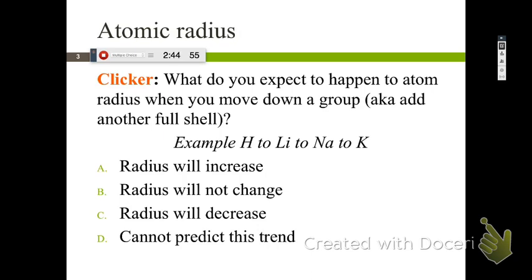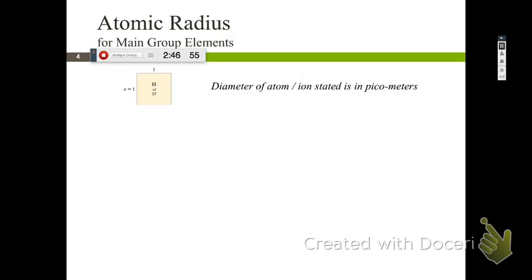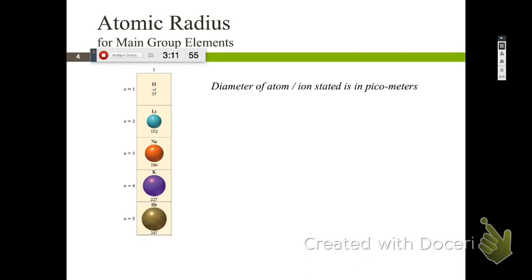So as we go from the top of a group and we move down, this is a diagram that shows in picometers, 10 to the negative 12th meters, how far across the probability of finding an electron is, that electron shell. So if we go from 1s to 2s, it gets a lot bigger. Sodium is even bigger yet. Potassium's bigger. Rubidium gets even bigger.